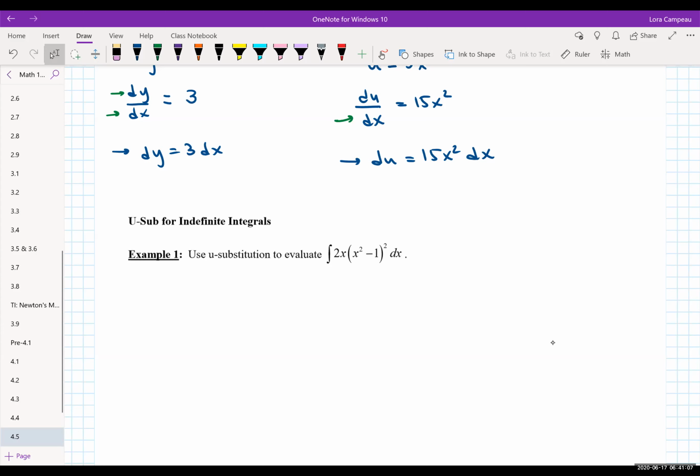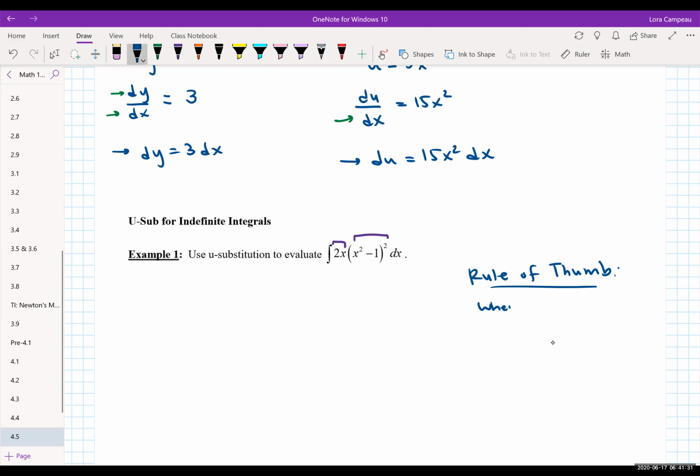So what I like to always go with, and I'll write it out as a rule of thumb, is what to do if no one tells you what to do. Whenever you have a product of two functions, so if you notice, we have a function, 2x, times another function, x squared minus 1 squared.